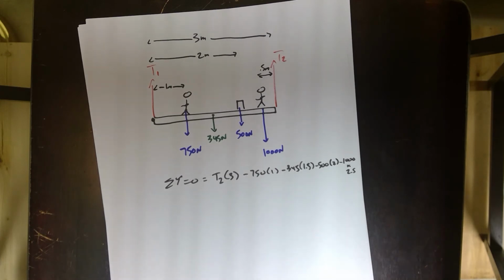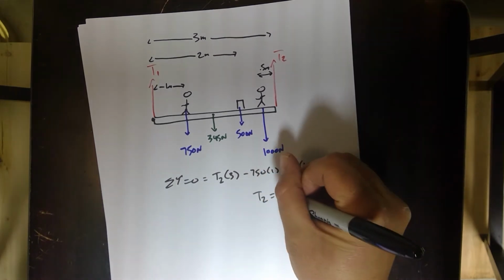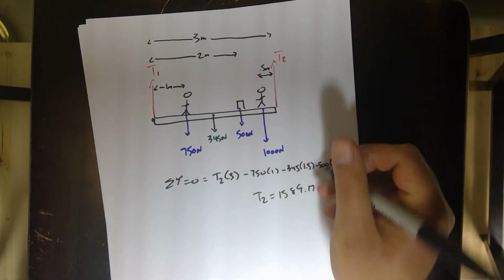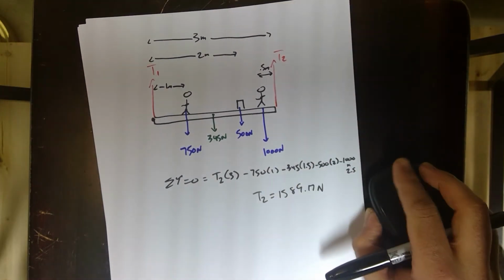Let's see if I get the right answer here. We get that T2 is equal to 1,589.17 newtons.